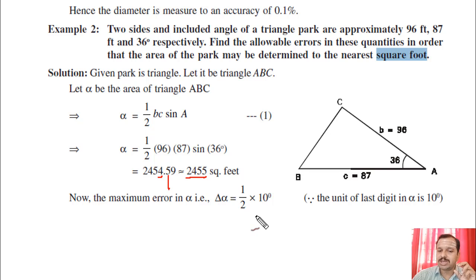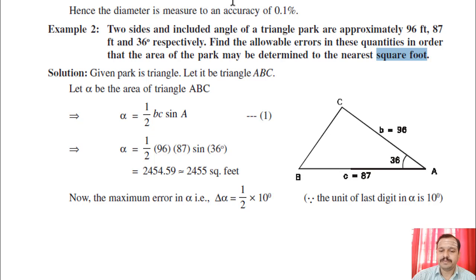So what is the last digit here? The last digit is this thing, 5. 5 is the last digit. What is its unit? You look at the places. This is the units place, tens place, 100 place, 1000 place. So unit of this is nothing but 1. So that can be written as 10 to the power 0. So it is 1. 1 by 2 into 1 is 1 by 2. So therefore delta A is 0.5. That we are having over here.